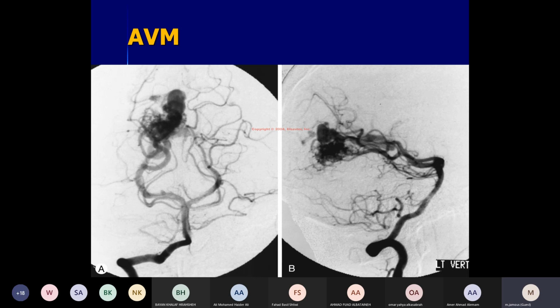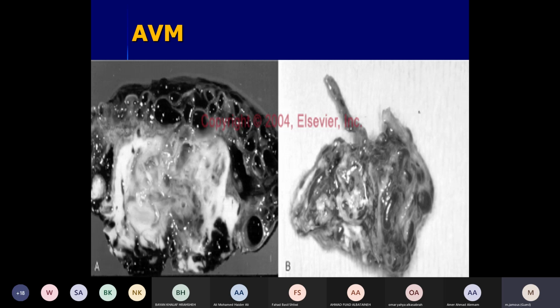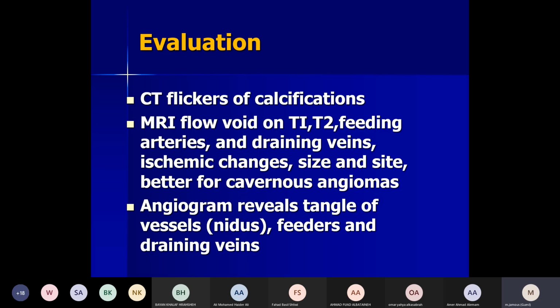On the CT scan, it looks like flecks of calcification or is associated with hemorrhage. On MRI, we can see the flow void on T1 and T2, of the feeding arteries and draining vein, sometimes associated with some ischemic changes due to blood shift from the arterial to the venous side.